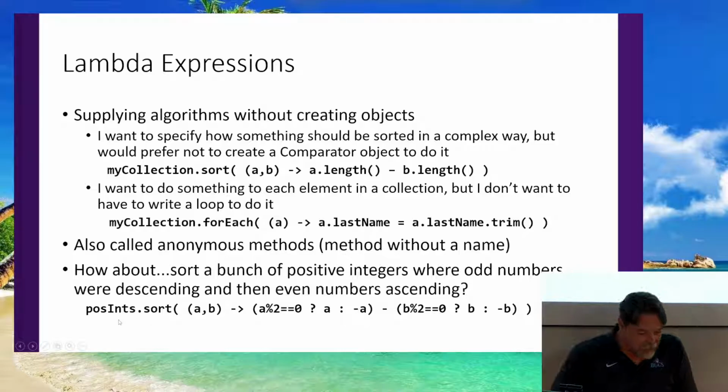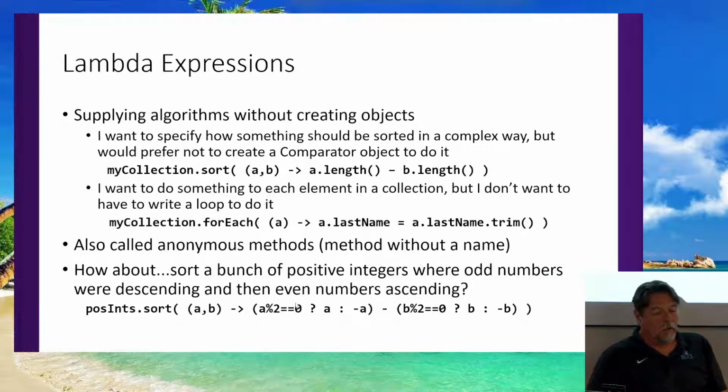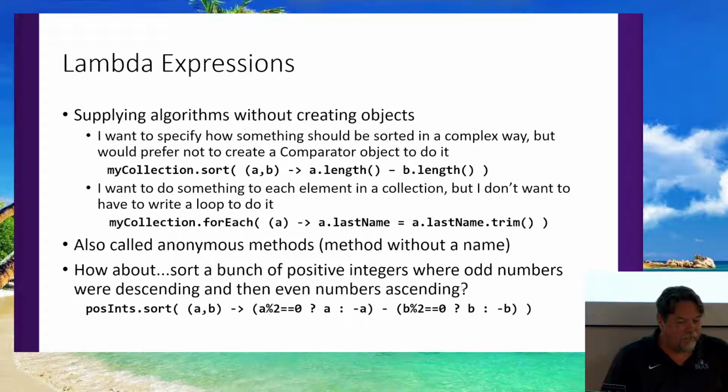Okay, this last example down here at the bottom is interesting. It says it sorts a bunch of positive integers where the odd numbers are descending and the even numbers are ascending. Why would you ever want to do that? But the fact that I can do it all in one line of code is pretty amazing.